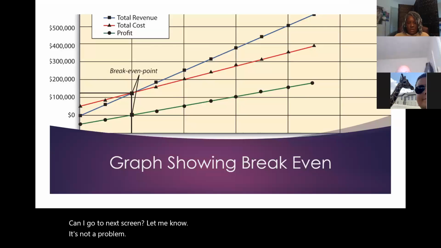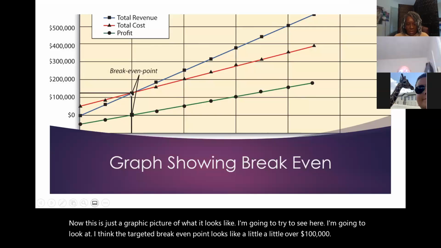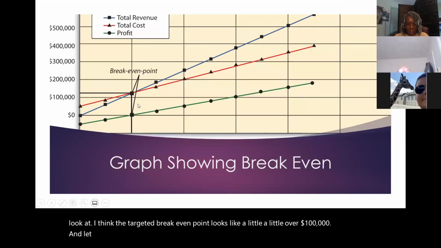Now, this is just a graphic picture of what it looks like. I think the targeted break-even point looks like a little over $100,000. And let me see if I can get the bottom half of my screen to show. It doesn't show that bottom half.